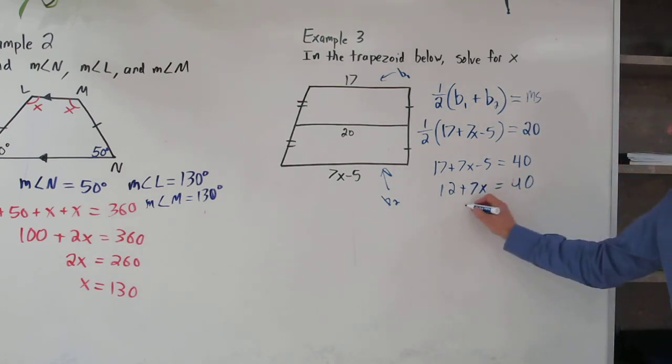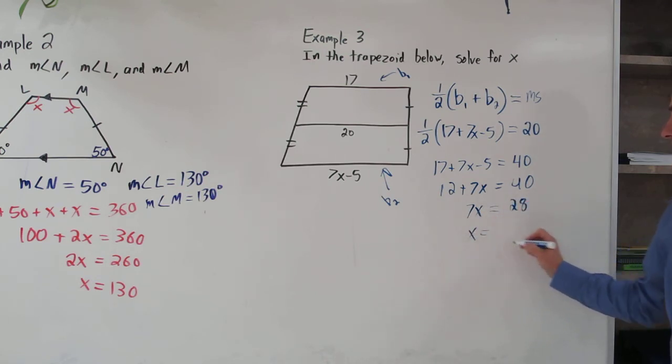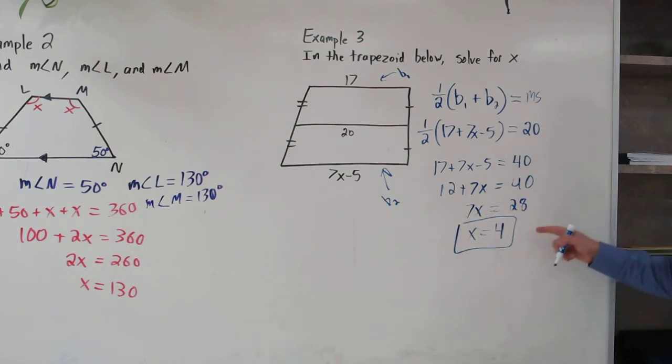Move the 12 over. So the value that will make this trapezoid correct is 4. We'd put a 4 there. All right, that's it.